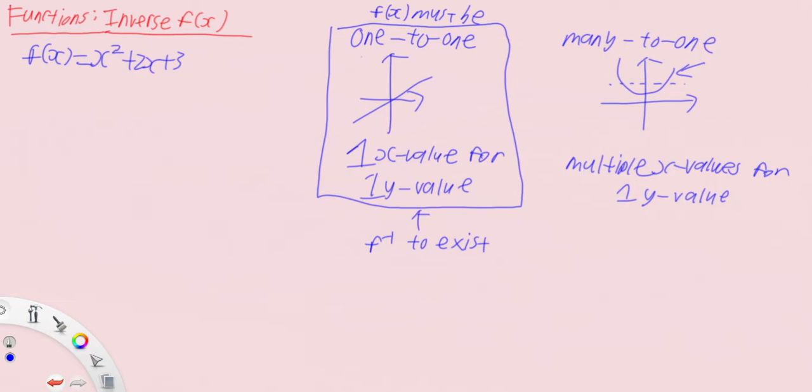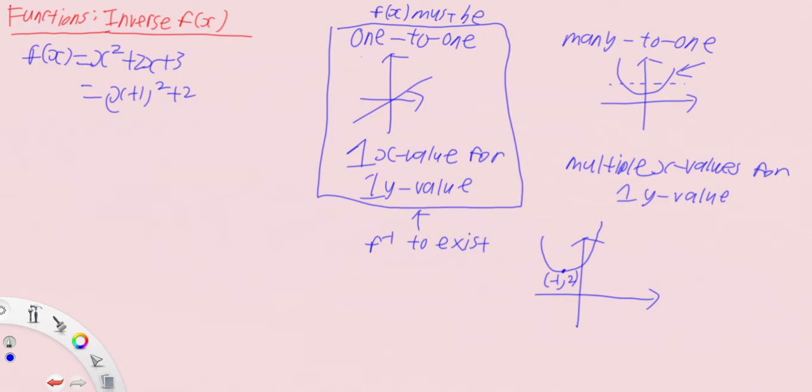The turning point is at (-1, 2), because we have (x plus 1) squared plus 2.